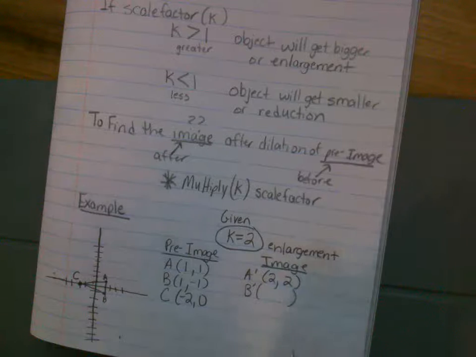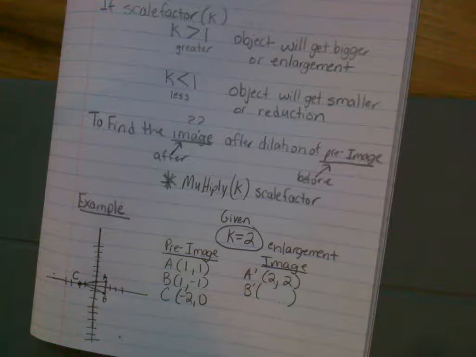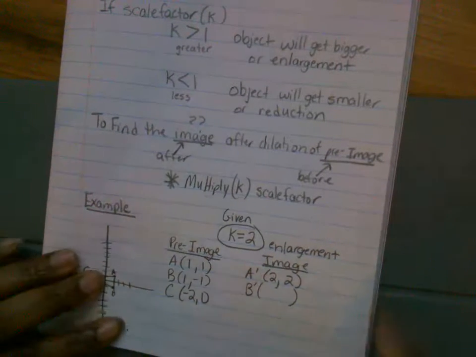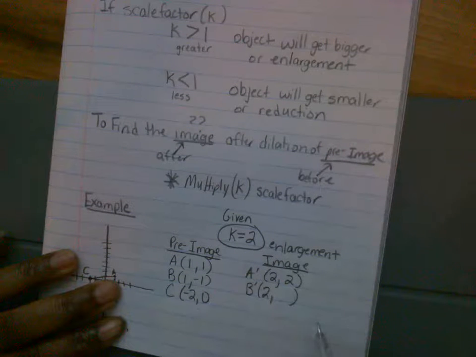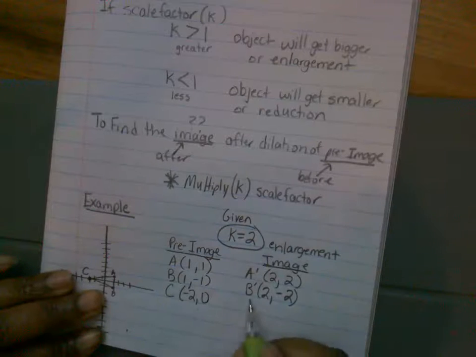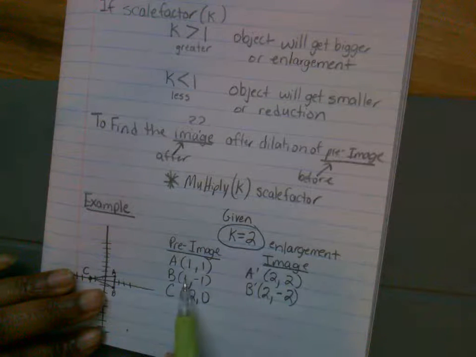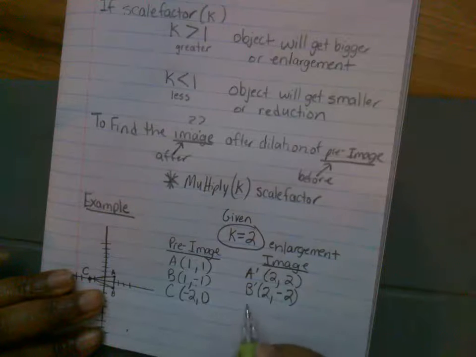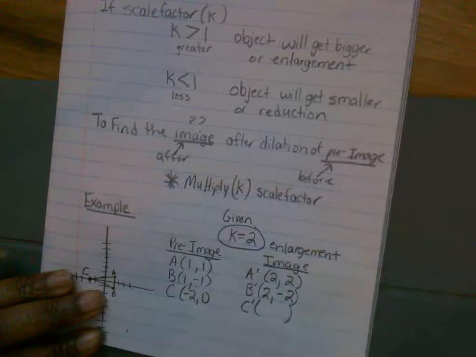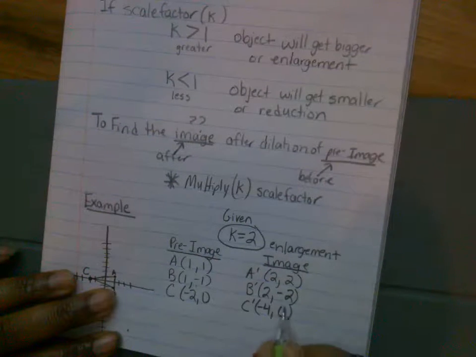Excellent. And all he did was multiply this 2 times both numbers here. Excellent job. Can somebody different tell me what C prime is going to be? Very good. -4 and 0.